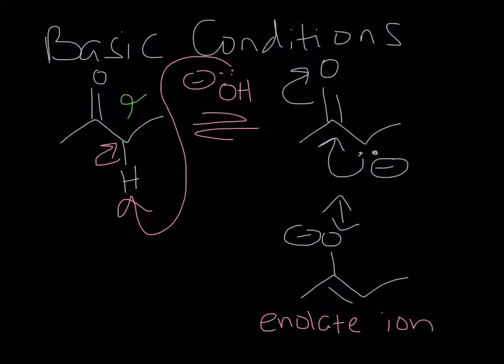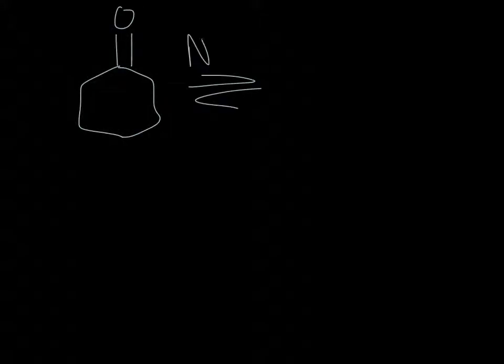So I can get this enolate ion intermediate, and then we'll see in class how this can go on to react with other species. But one thing I can do is label based on the acidity of this proton. I can substitute deuteriums for hydrogens. As an example, let's say I have cyclohexanone, and I'm going to put this in solution with some sodium hydroxide base under basic conditions, and then put it in with CH3OD.